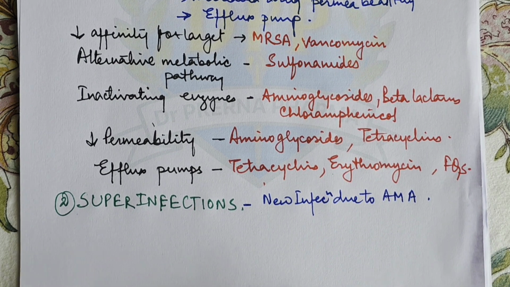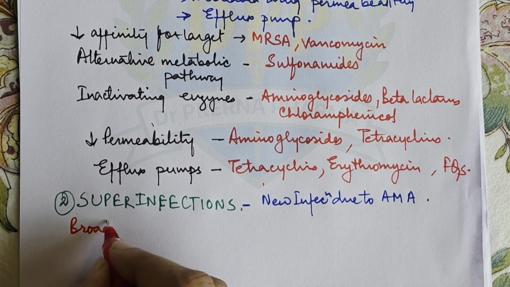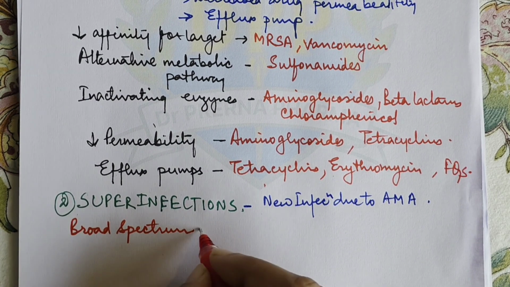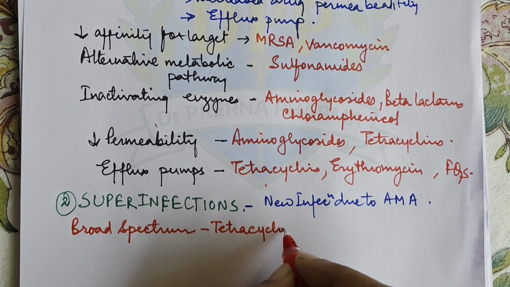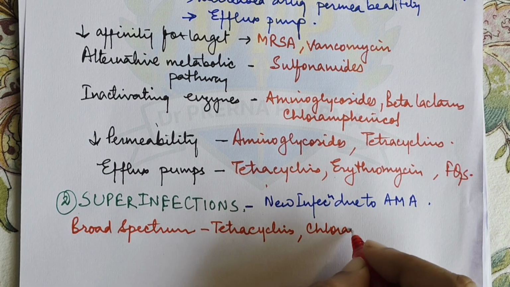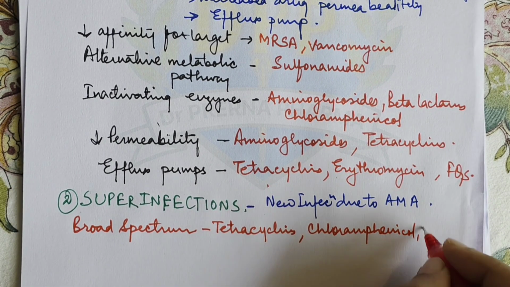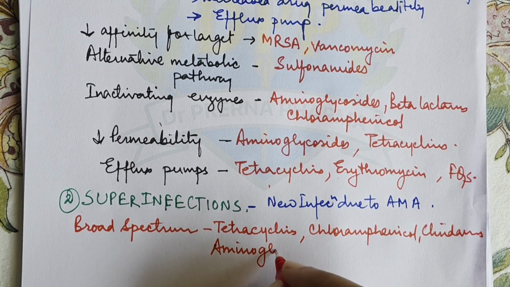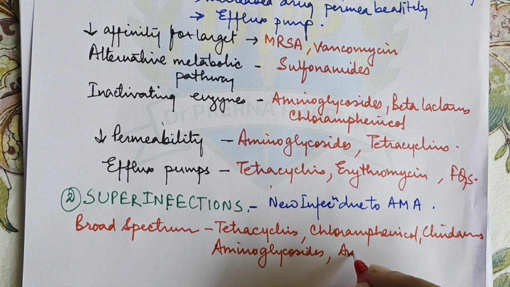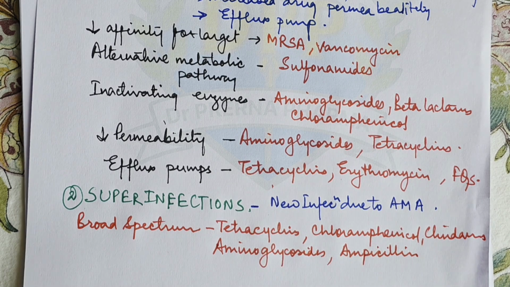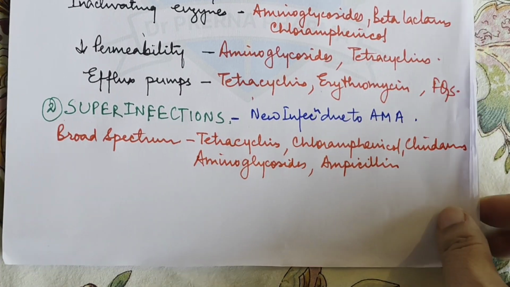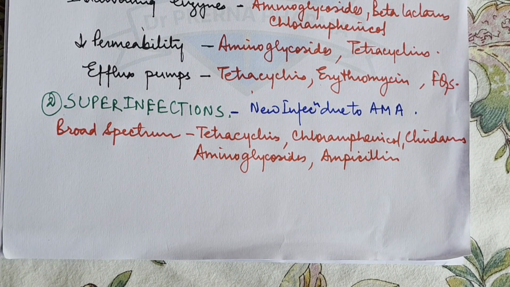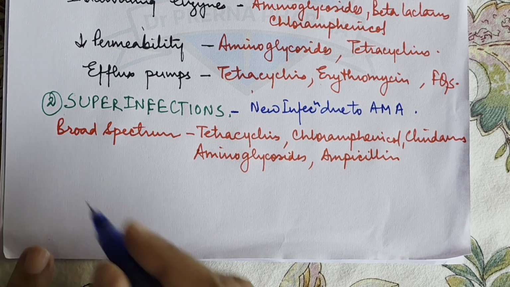In broad spectrum we have tetracyclines, chloramphenicol, then clindamycin, then aminoglycosides, and ampicillin, right? So these drugs, broad spectrum antibiotics, kill the normal flora also, and they result in development of new infection.